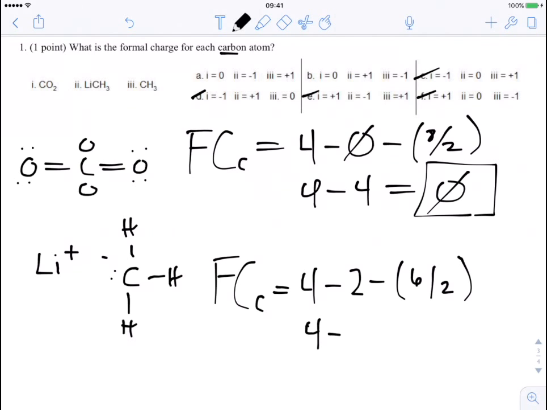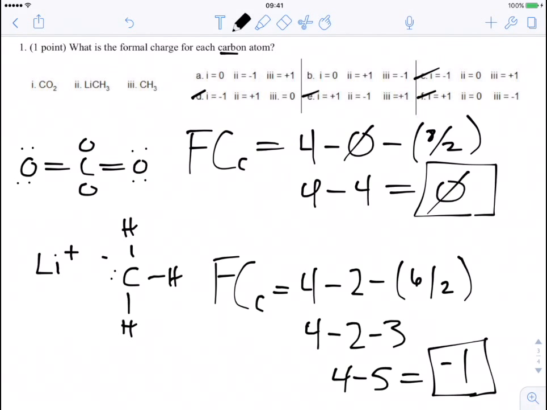We're going to end up with 4 minus 2 minus 3, which is 4 minus 5, which just equals negative 1. Again, this makes sense because of the negative. So if we know the second one is negative, we know it's not B, and your answer is going to be A. And we already drew this one with your methane before, so you know it's going to be positive anyway.